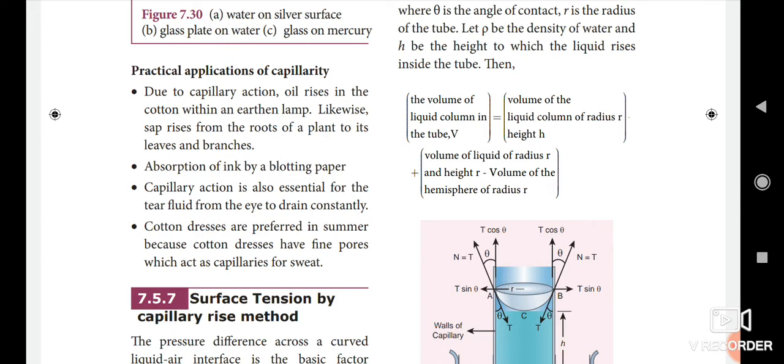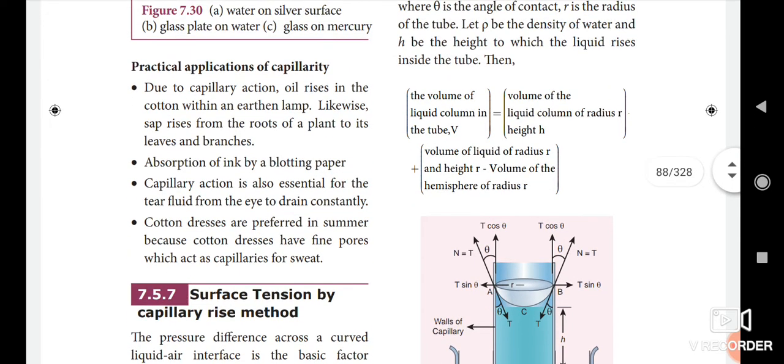The capillary action is also essential for the tear fluid to drain constantly from the eye. Then cotton dresses are preferred in summer because cotton dresses have fine pores which act as capillaries for sweat. So these are the practical applications of capillarity: oil rising in the cotton, absorption of ink by blotting paper, draining of tears from the eye, and cotton dresses.